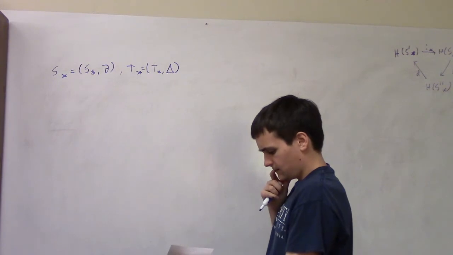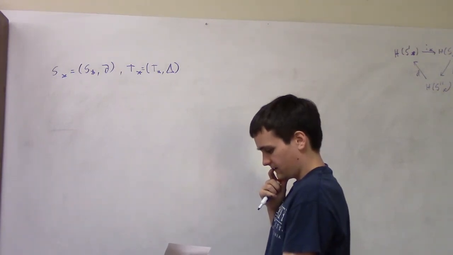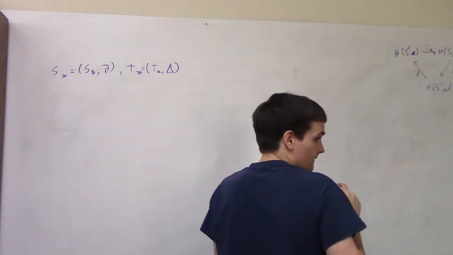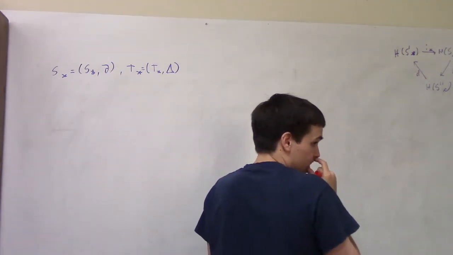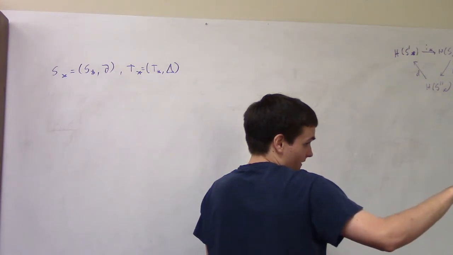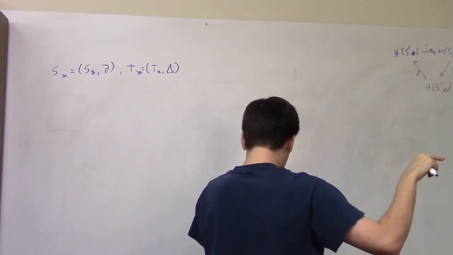So let's see, what are we trying to show? We need to show that d prime of f prime prime is equal to f prime of d, right?